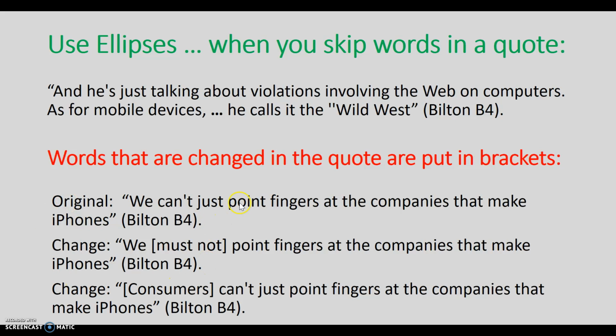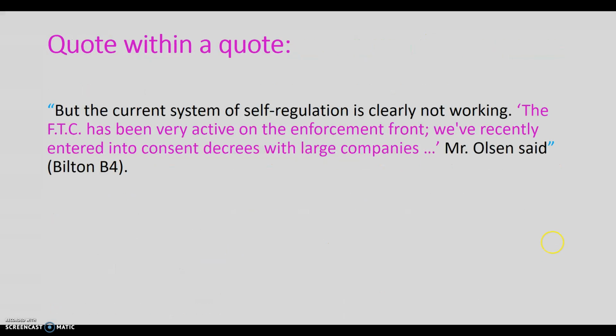And you can also change a couple of words in a quote that you might not like the way it's originally written, and you can change it out. Here I specify that the word we means consumers, for instance. And this might have to happen with certain quotes where you need to specify certain things. Now here's a really interesting situation where, let's say you copy and paste something from an article, which would indicate these blue parts here.